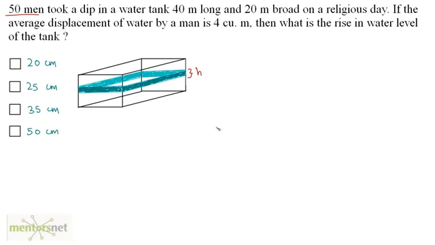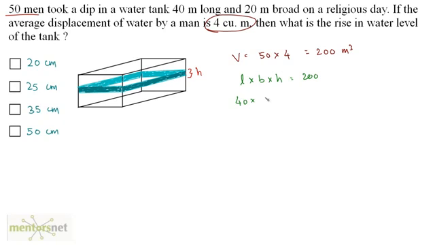So what is the volume of water displaced? Well, the volume of water displaced by one man is 4 cubic meters. So the total volume displaced is equal to the total number of men times the water displaced by one man. That's 50 times 4, and that's 200 cubic meters. Well, volume is equal to L times B times H, and that's 200 right now. L and B are given, H we have to find.